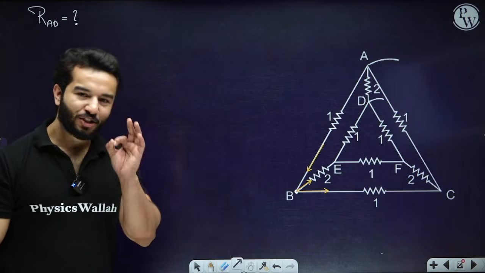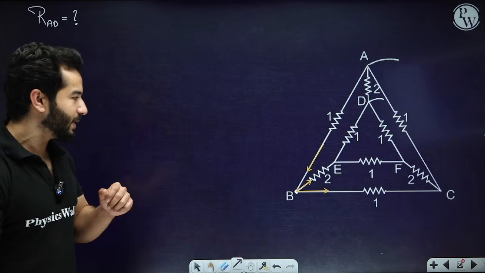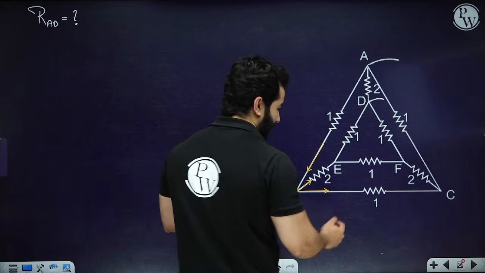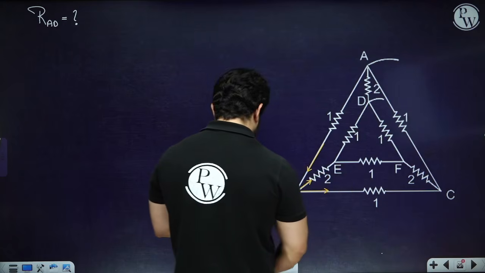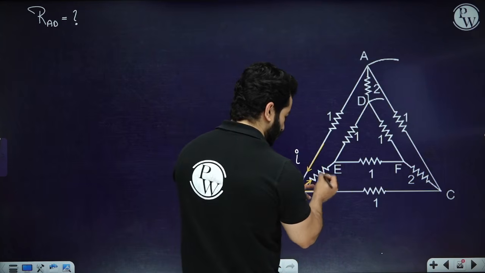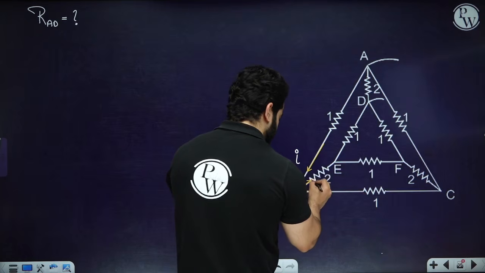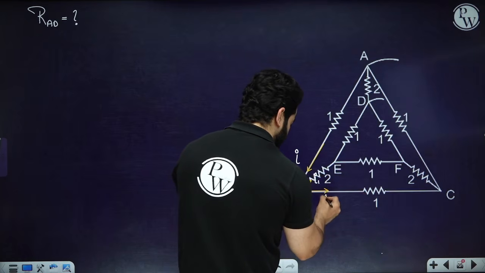Can you please check which are the points which are at the same potential so that we can remove them? Please understand. If I say that this value of current is I, and I've got a 2 ohm over here and I've got 1 ohm over here, I'm going to just assume that this is I1 current and this is I2 current.